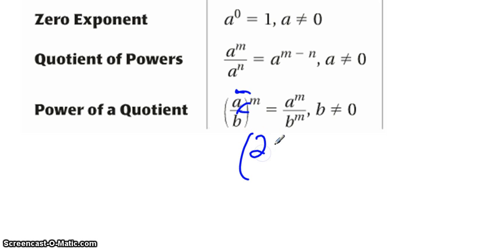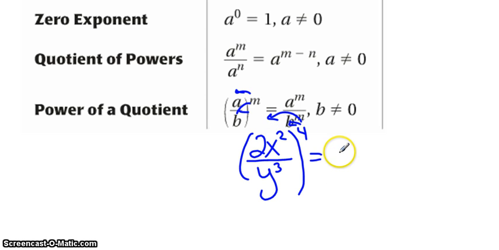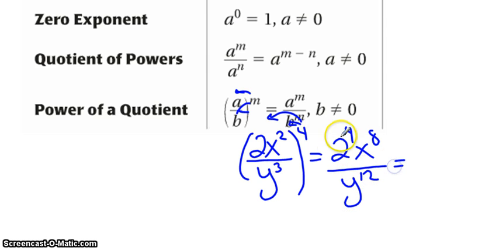If I have 2x squared over y to the 3rd power, all of that to the 4th power, you're going to distribute that 4 to everything. So you have 2 to the 4th x, and then remember you multiply the exponents. 2 times 4 is 8 over 4 times 3 would be 12. And yes, you would have to simplify the 2 to the 4th, which is, again, 2 times 2.